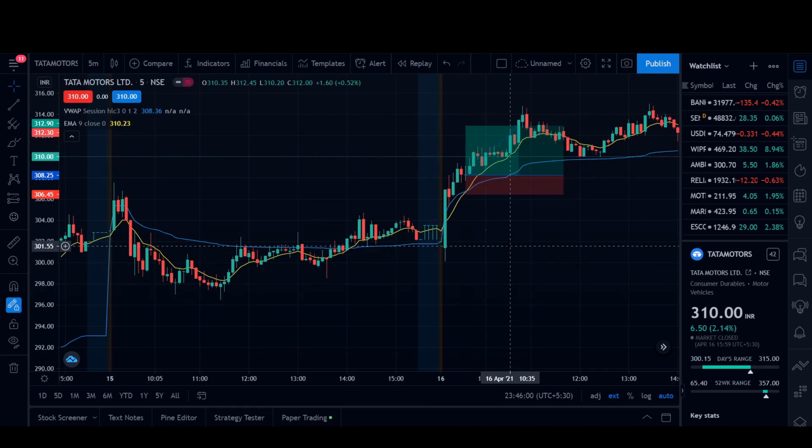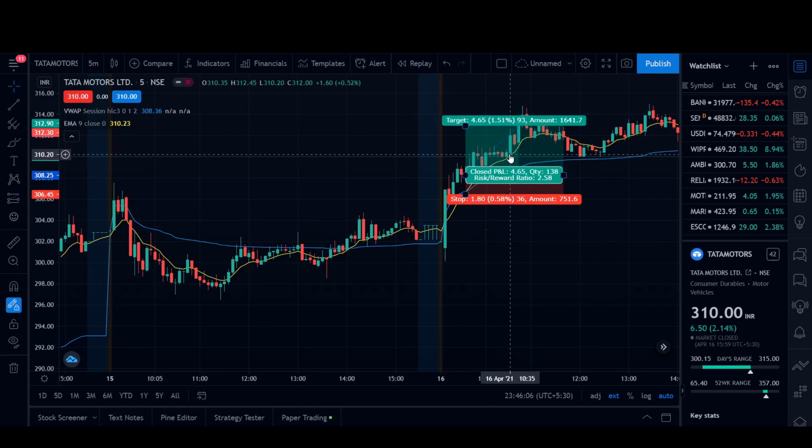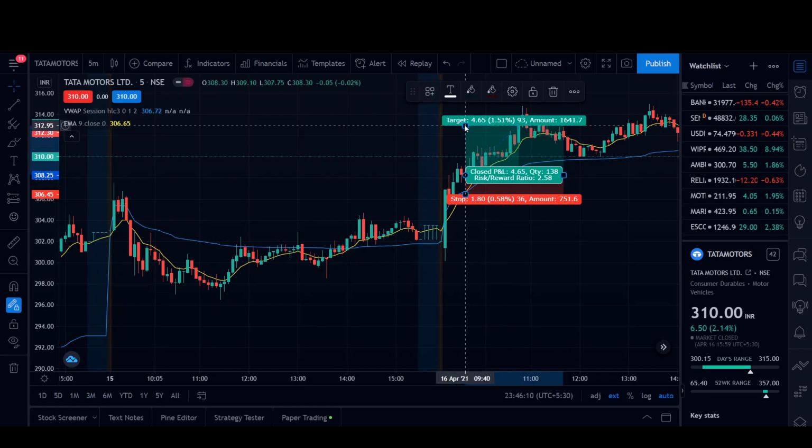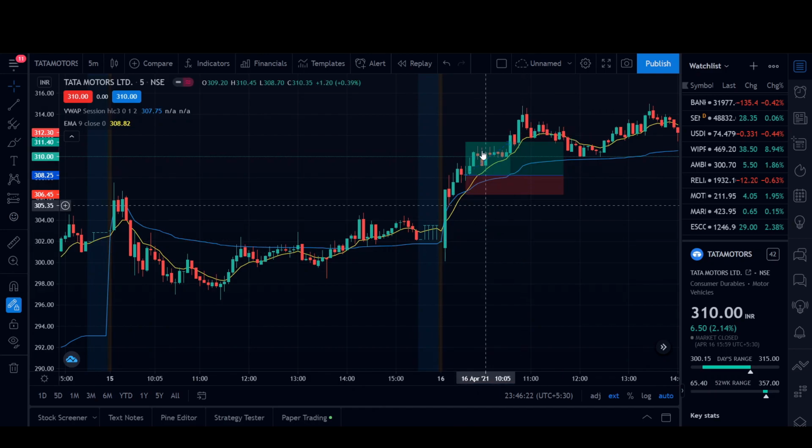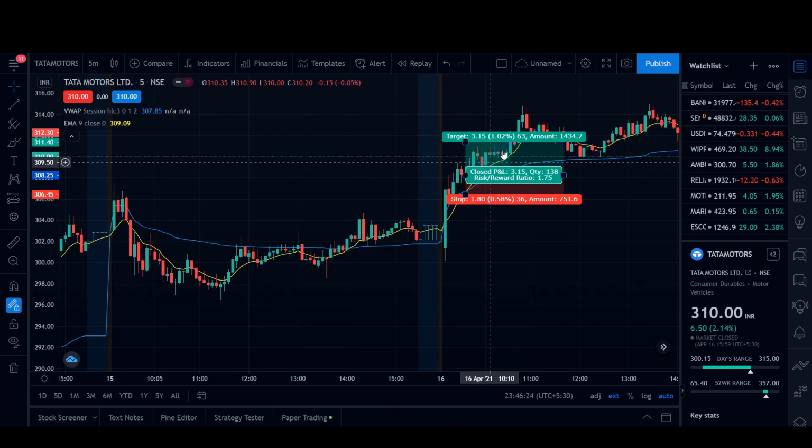Now another important thing is trailing stop losses. Let's say first our target was 1%, but we see the market may take a bigger bullish uptrend. As the stock price has moved upward, so has the VWAP.